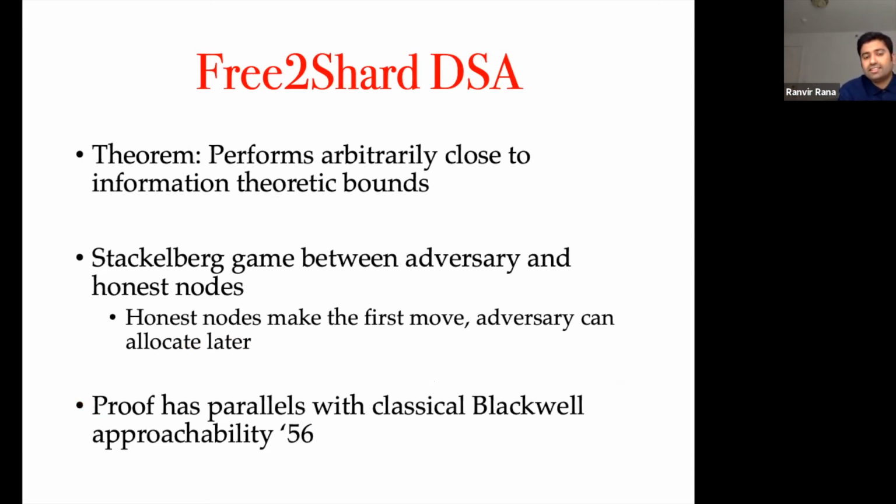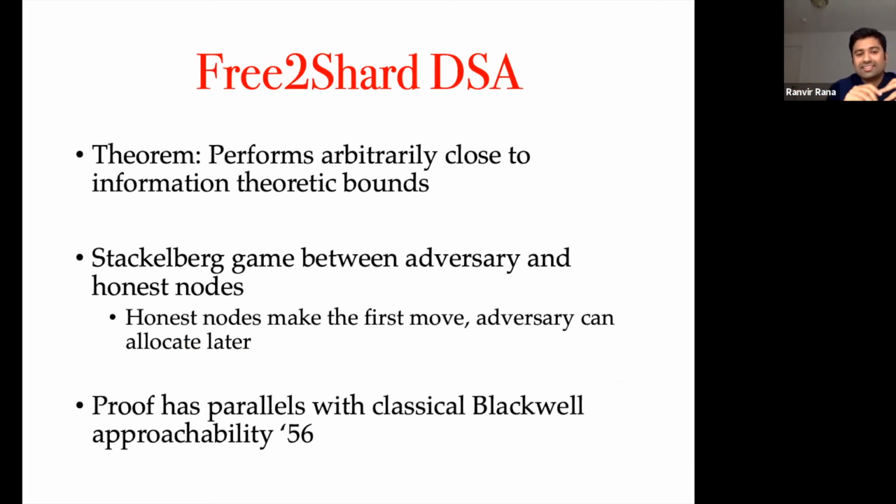And we show that this policy performs arbitrarily close to information theoretic bounds, which essentially says that now over the long term, the chain quality of even the worst performing shard approaches the same value as the total global honest mining power.